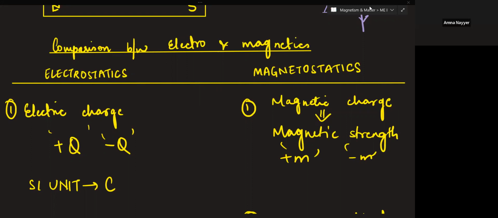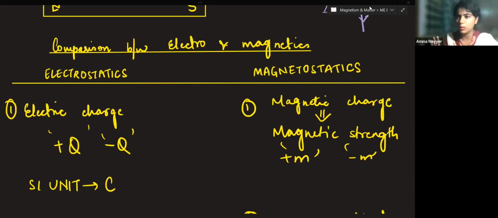We are just comparing electrostatics and magnetostatics together. So under electrostatics, you have electric charge whose analog is magnetic charge. Magnetic charge is not actually a proper term to define it. You can remember it in terms of magnetic intensity. Fine. If you have magnetic charge with you, you can just remember it in terms of magnetic intensity.